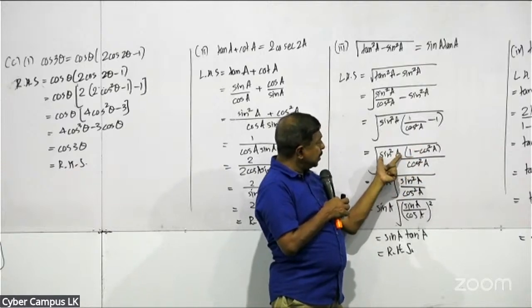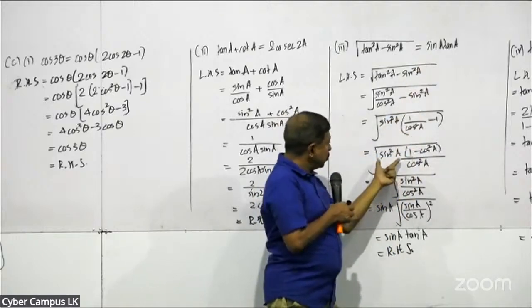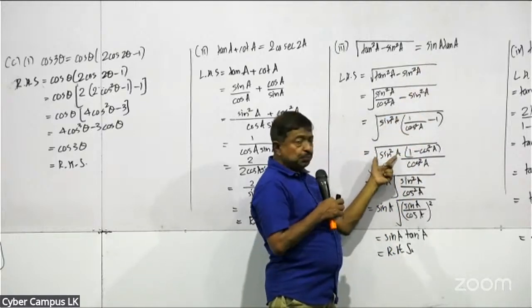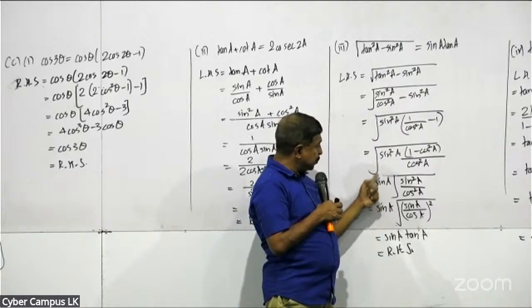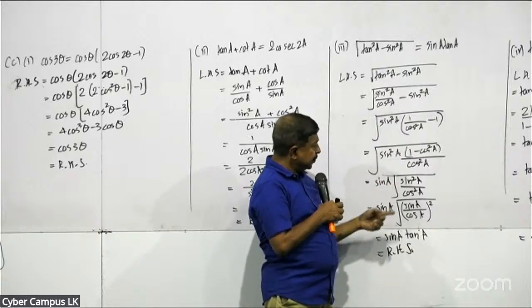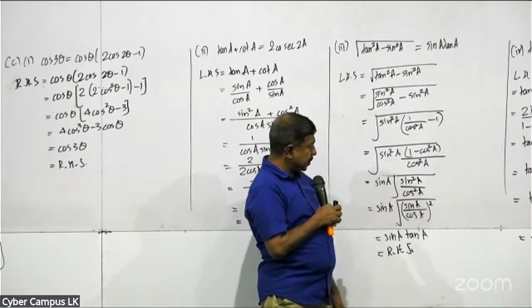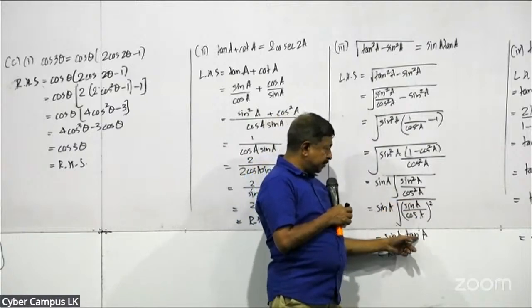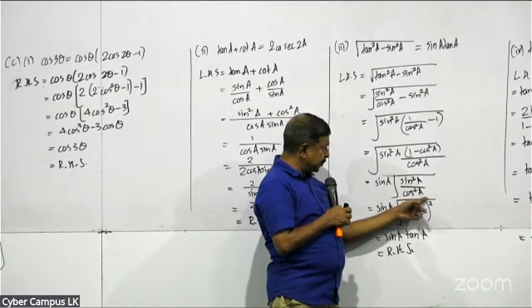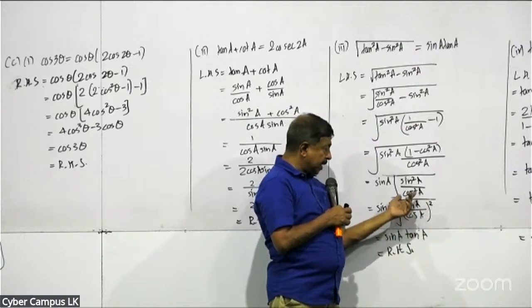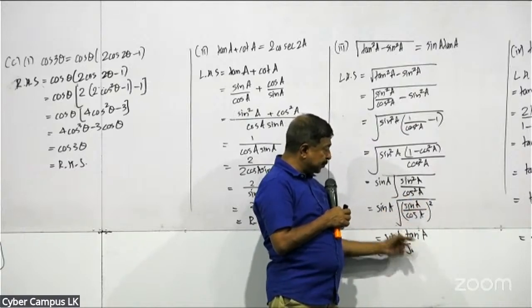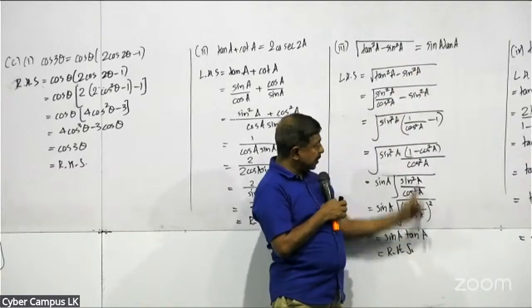And at the same time, since you need sine A, you pull this out. When you pull out a square, you will get a square root. So sine A times this. Now this is sine A over cosine A, quantity squared. Now that is tan A. So tan squared in the square root is equal to tan A, which is in fact the right-hand side.